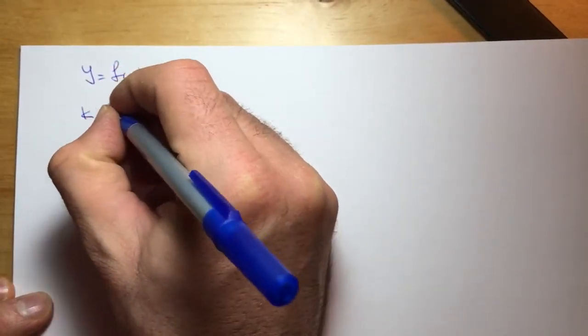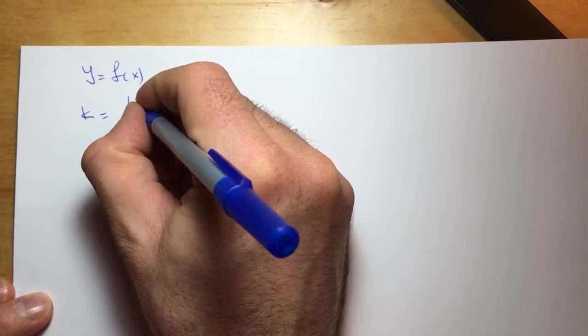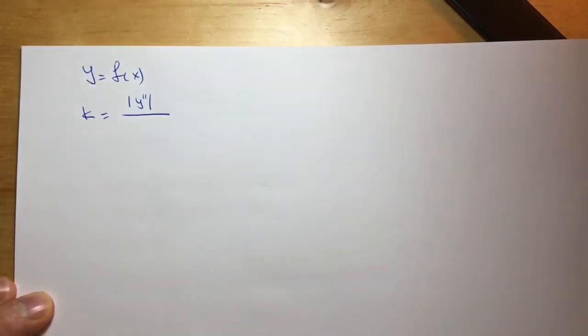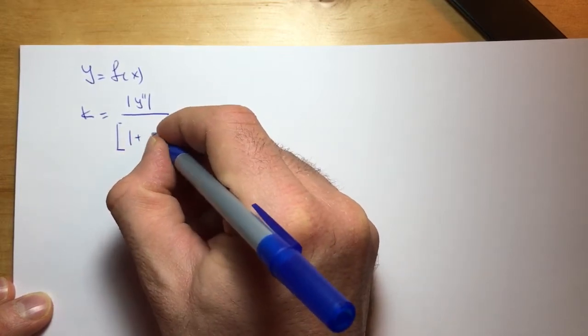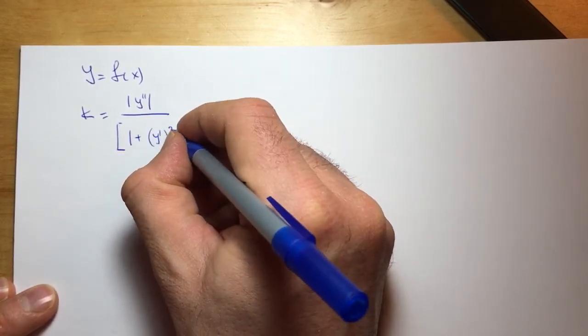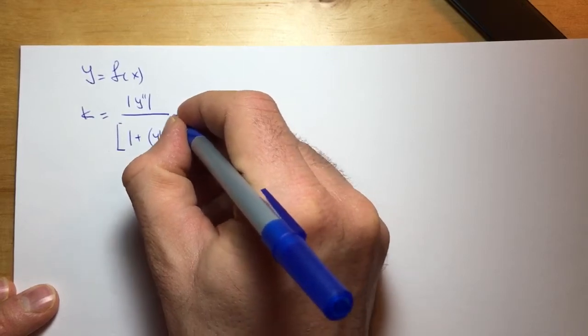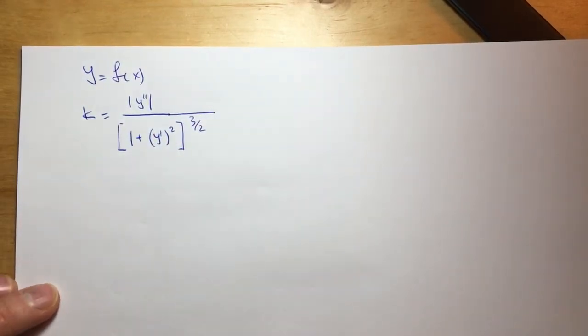The curvature is equal to absolute value of the second derivative of y over 1 plus y prime squared, the whole thing to power 3 over 2. Okay, so let's prove that.